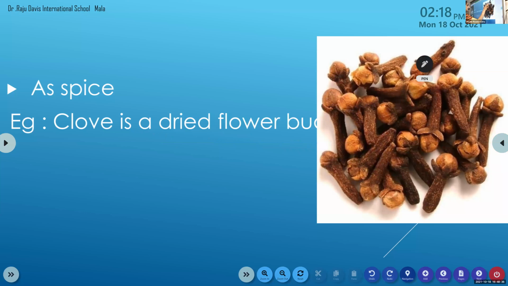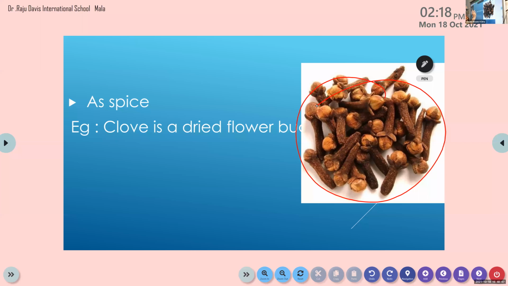So here, have you seen this one? These things you are using at home daily as spice, isn't it? This is actually the flower bud of that plant. Clove is the flower bud. It is called grambu in Malayalam. It has medicinal properties also, isn't it?